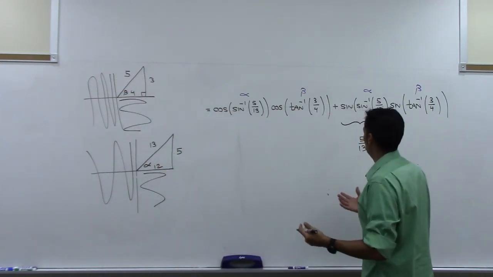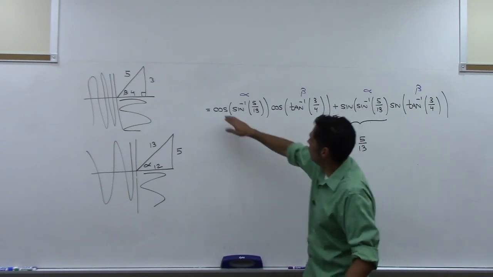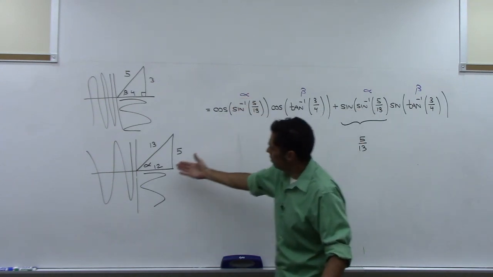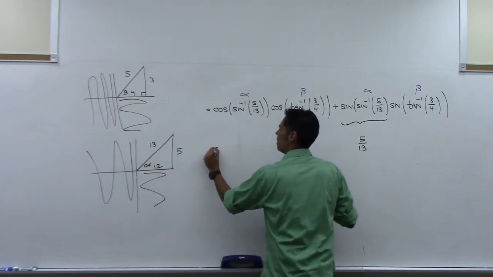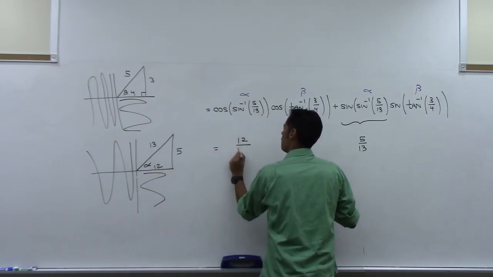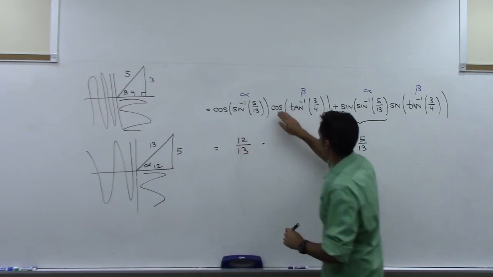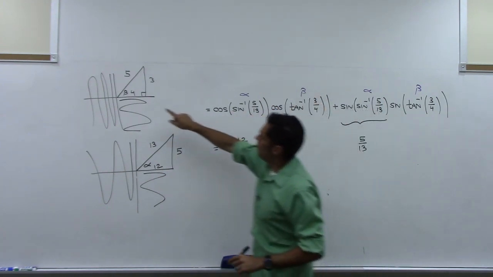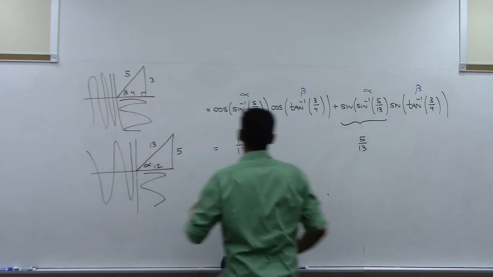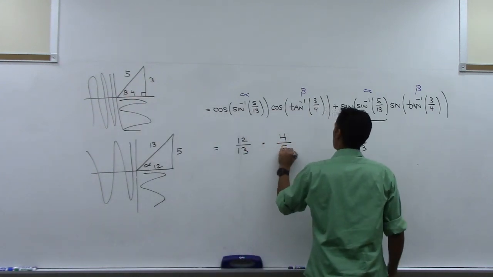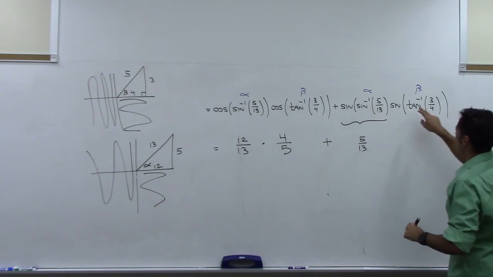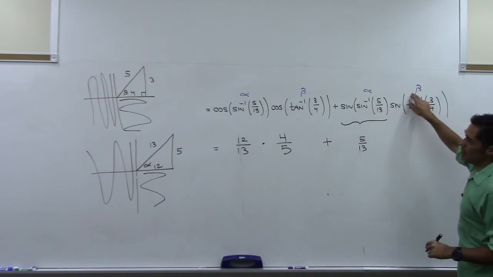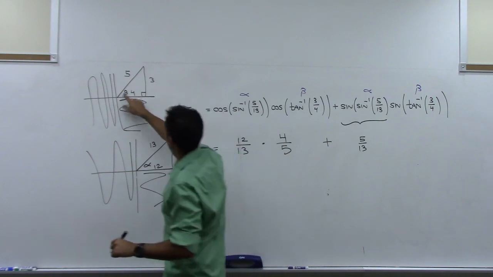So now, remember, what we're really asking ourselves is what's cosine of alpha? Here's alpha. Cosine is this over this. So this should be 12 over 13 times. Now what's cosine of beta? Here's beta. Cosine is 4 over 5. And then plus this, which we already know, 5/13. And then this is really saying what's sine of beta. So you go up here, sine of beta is this over this.